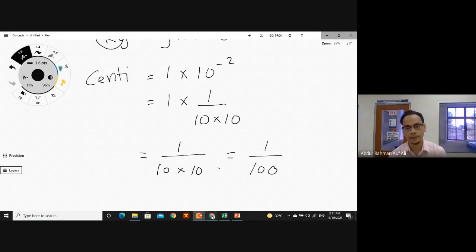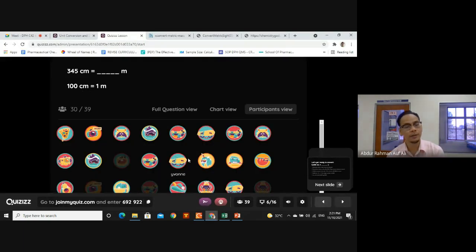That's why in the earlier question, we divide by 100 to convert from centimeter to meter.